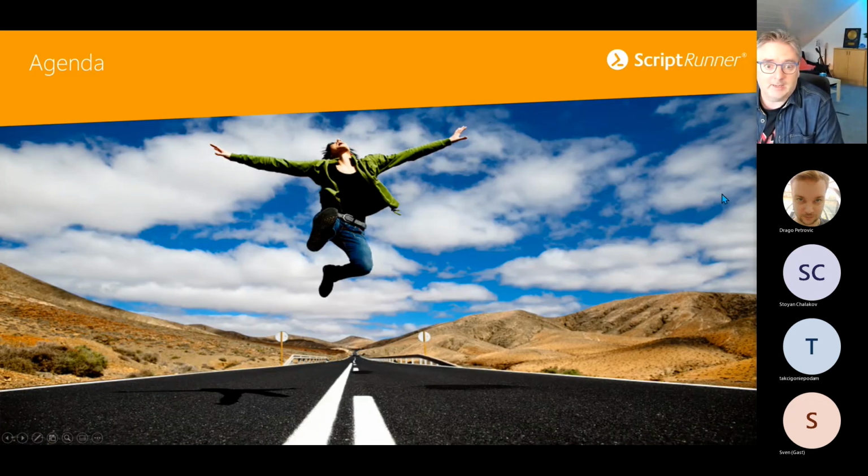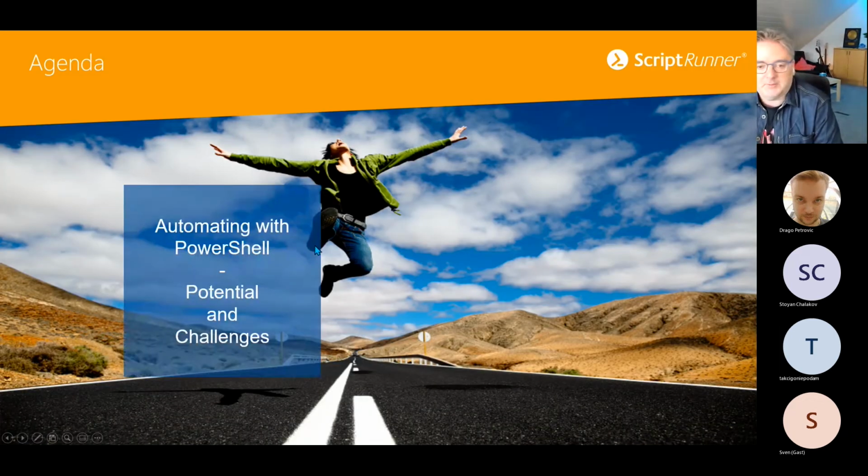So what I want to talk about and show you is, number one, PowerShell in general and how it can help you to automate all kinds of recurring tasks. So what you can do with it, but also the challenges that might be there when you start using PowerShell or if you're using PowerShell in general.